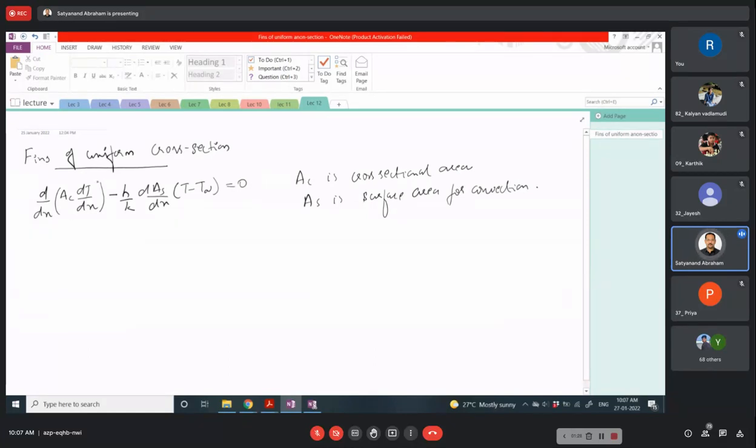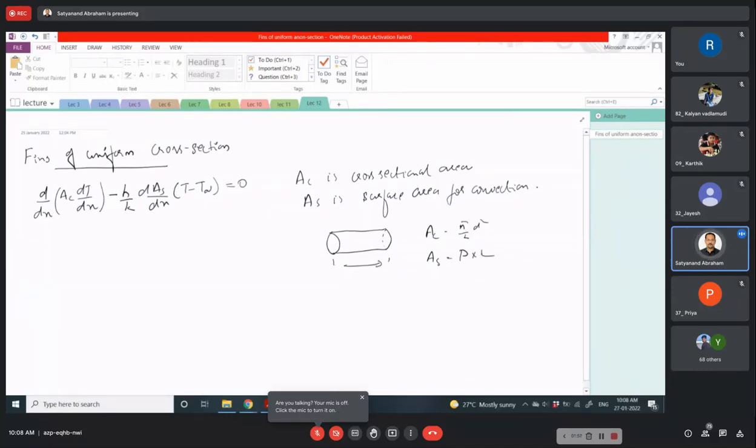So here we are saying the fin is of uniform cross-sectional area. For example, say we are going to have a fin like this, a circular fin. Obviously, we are going to have the base. So here we can see the cross-sectional area is pi by 4 d square, and the surface area is equal to perimeter into length.